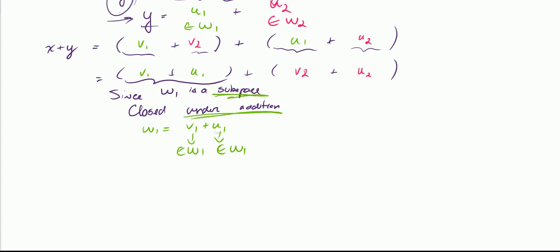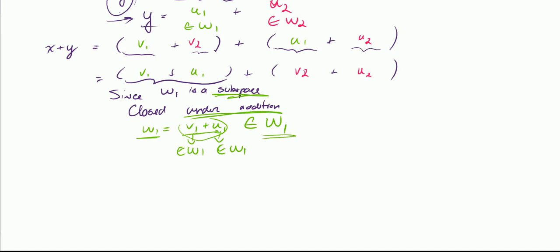So this sum, which I'm just representing by an element w1, will also belong to big W1. So if I add two elements in that subspace, I'll still get an element that's in that subspace. In other words, an element w1 that belongs to big W1.